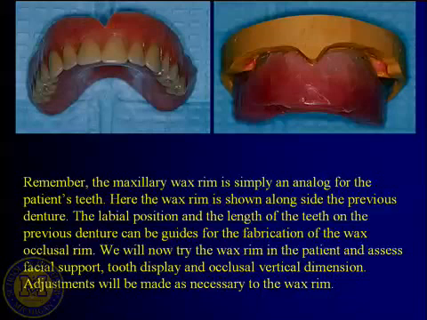So there were these numbers, 22 millimeters in the front and 18 millimeters in the back. That's how tall the rims were from the edge of the record base. So this incisal edge of the rim to the very edge of the record base in here, about 22 millimeters in the anterior, about 18 millimeters in the posterior.